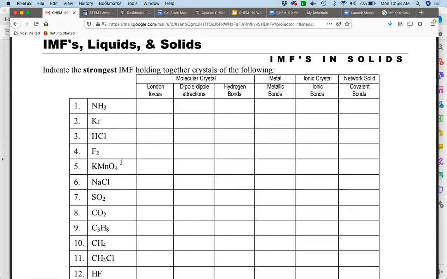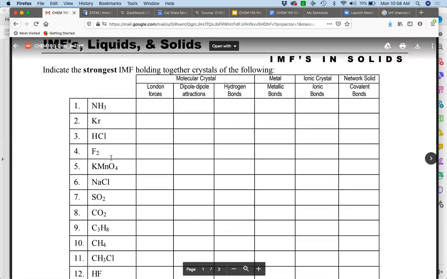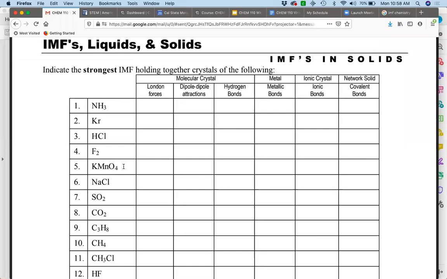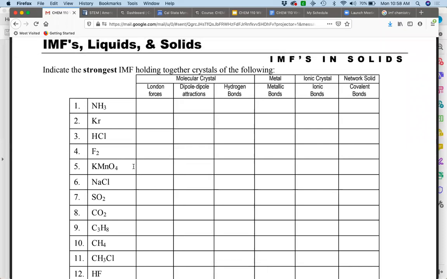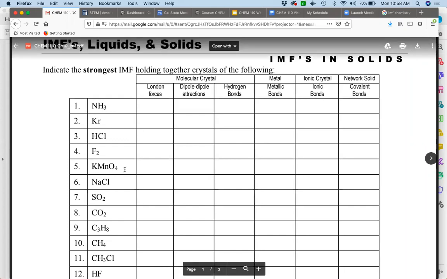Okay, let's think about a molecule that's a little bit more complex. So potassium permanganate, or KMnO4. So this one is a little bit trickier, right? Because we have to remember that this molecule is actually an ionic bond.